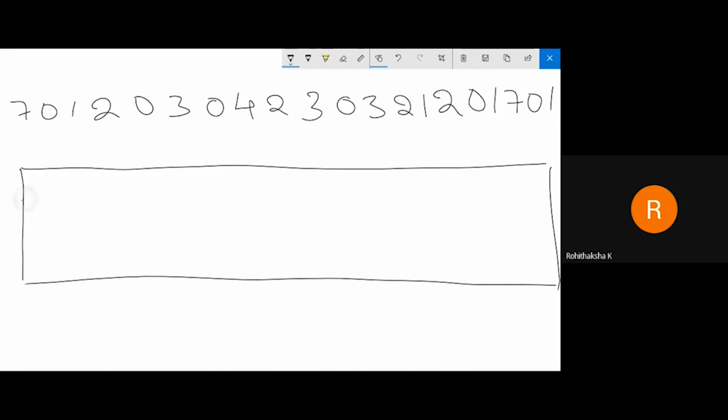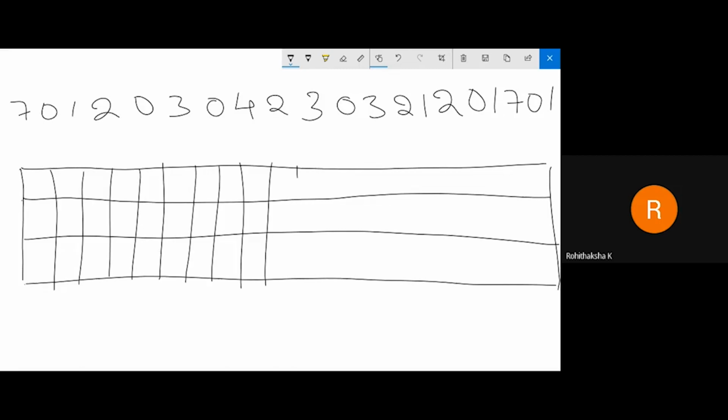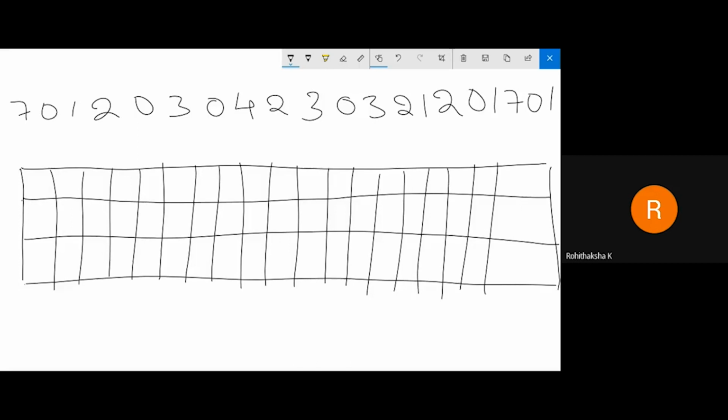So I'll have 3 frames. Let me write the columns. Let us take one.